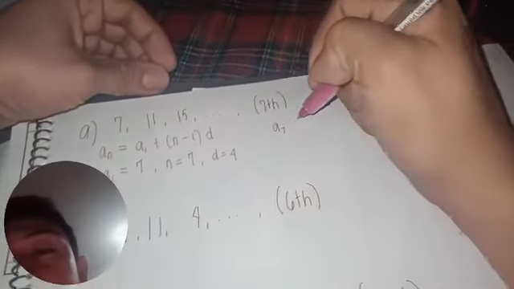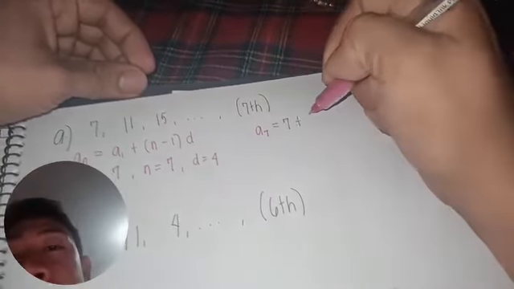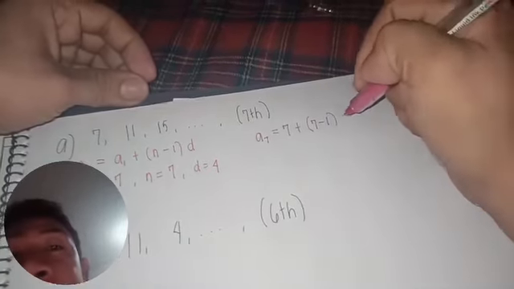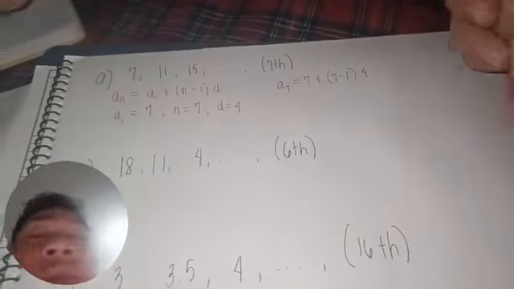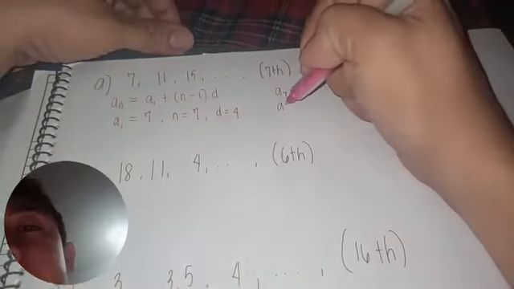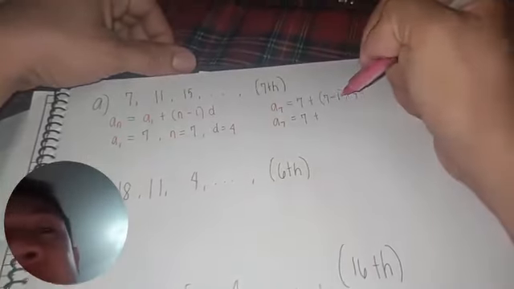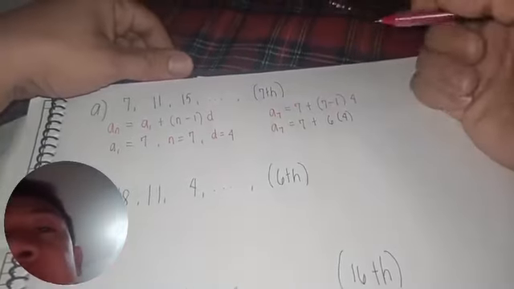So a sub n is equal to a sub 1 plus n minus 1 times the common difference, which is 4. Then simplify. Following PEMDAS, do the groupings first. Copy 7. 7 minus 1 is 6 times the common difference.